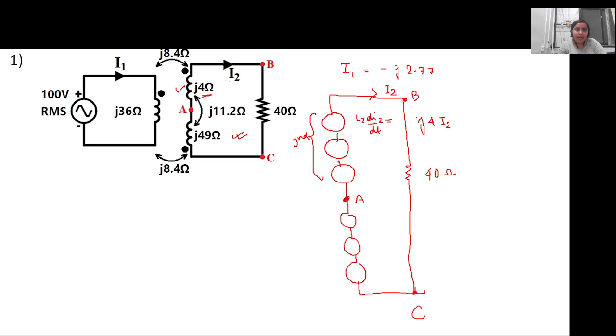The current I2 is flowing in this direction and then coming in this direction, right? So if I consider this second inductor, with this as point A, current is coming like this. So the voltage drop will be positive on the A side, negative on the B side, because current is flowing in this direction. So it will be plus this side, minus this side. Is it fine?